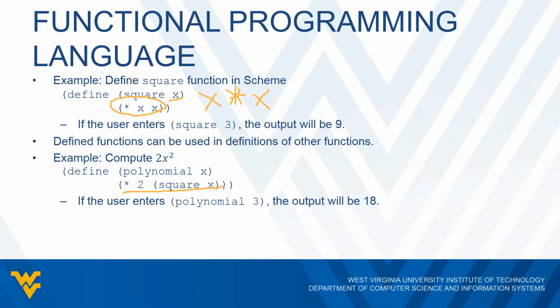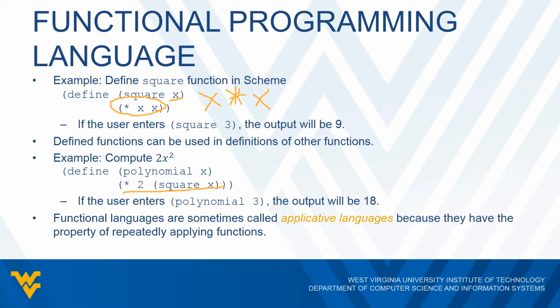The whole point here is that we can build complex combinations of functions and use the results and apply them to other functions, and those can use the results and apply them to other functions and so forth. So functional languages are sometimes called applicative languages because we can repeatedly apply functions on top of other functions.